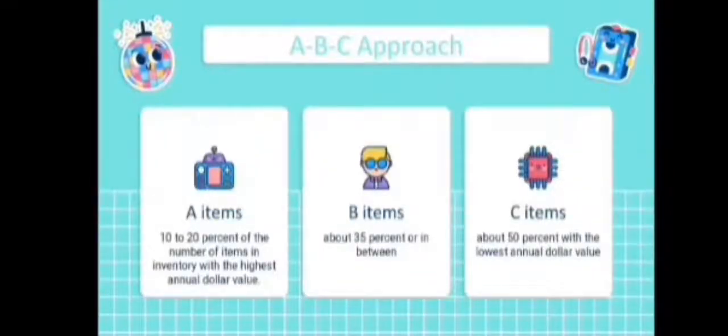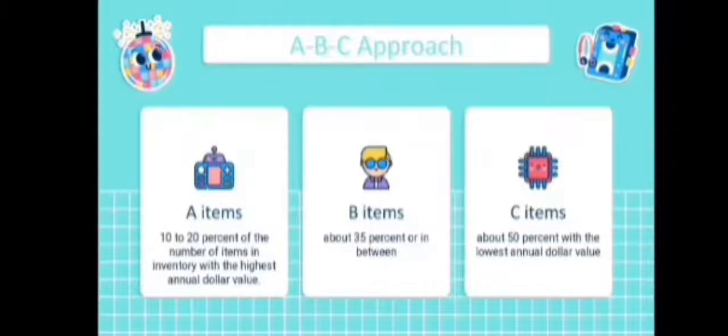A is very important, B is moderately important, and C is the least important. However, the actual number of categories may vary from organization to organization depending on the extent to which a firm wants to differentiate control efforts.